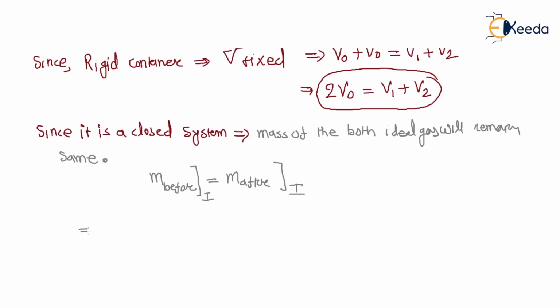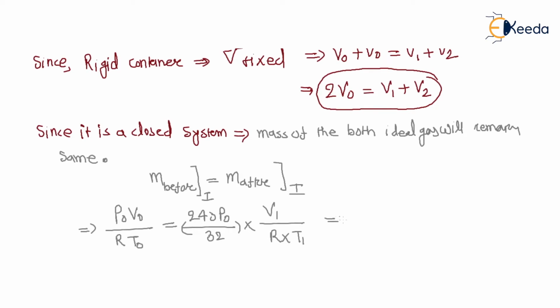So what is mass before? P naught V naught by R T naught. After, 243 P naught by 32 P into V1 by R T, with the same temperature as T1.